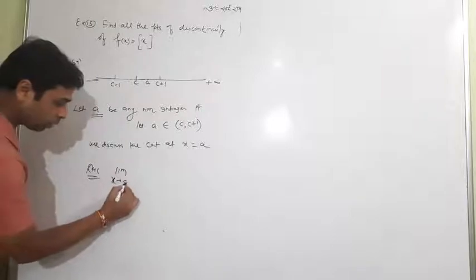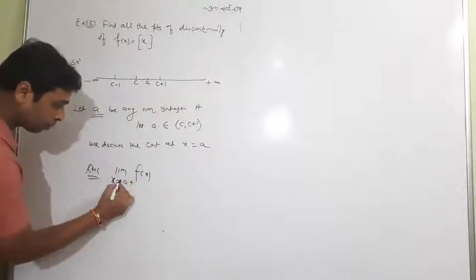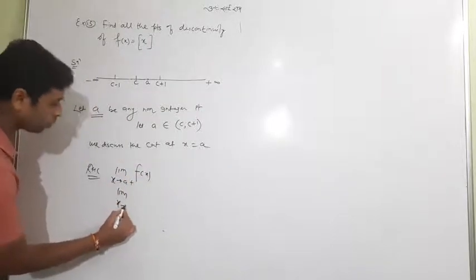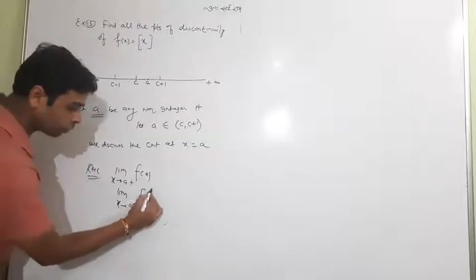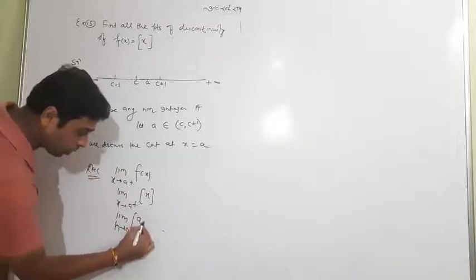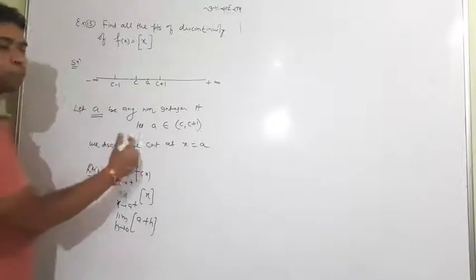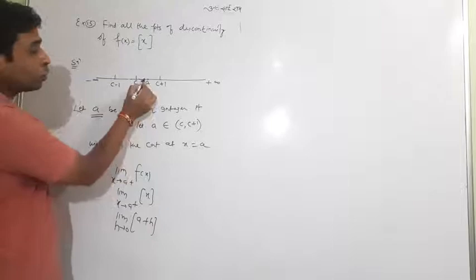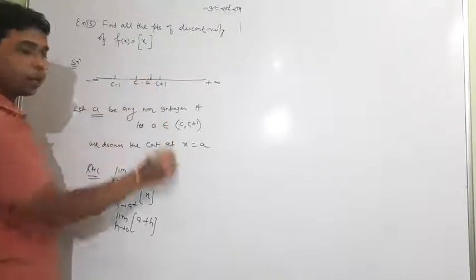Limit x tends to a plus of the greatest integer function. Now turn as h tends to 0. This is a plus h. Now quickly tell me where is a plus h. So it is a, and just after a, it is a plus h.